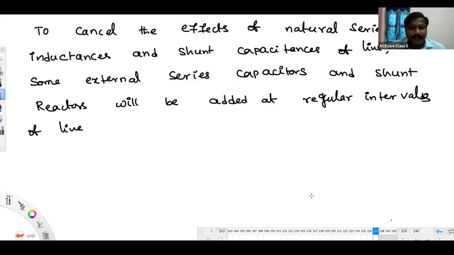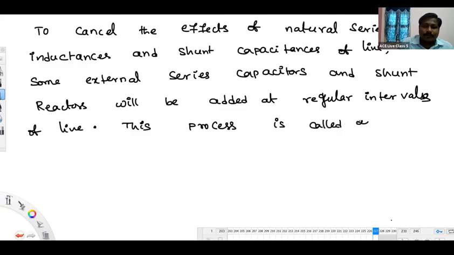This process is called tuning of the transmission line.